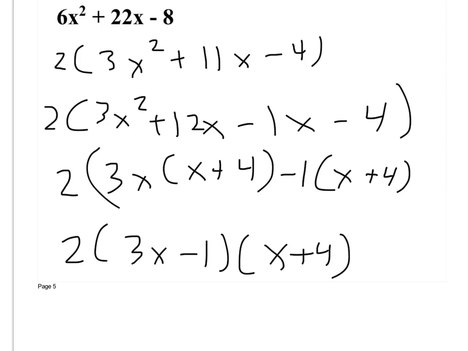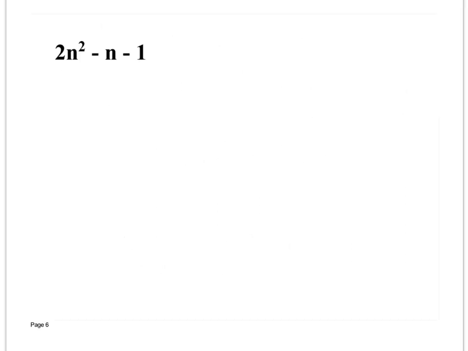There's my answer. 2n squared minus n minus 1. When I look at this, I see that c is negative and m plus p is negative, the b, right? So what does that tell me about m and p? One's positive, both positive, or one's negative, both negative? What does it tell me?